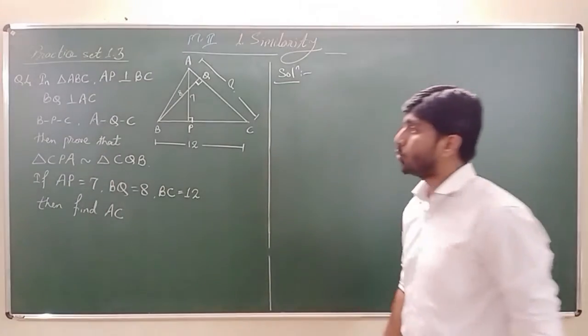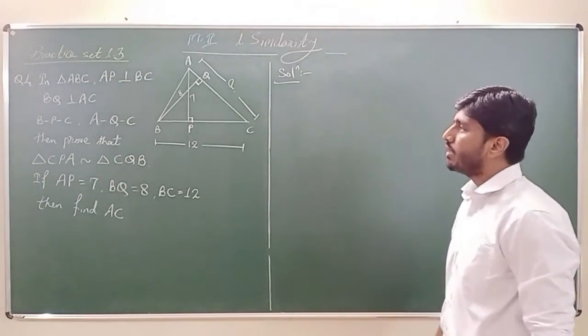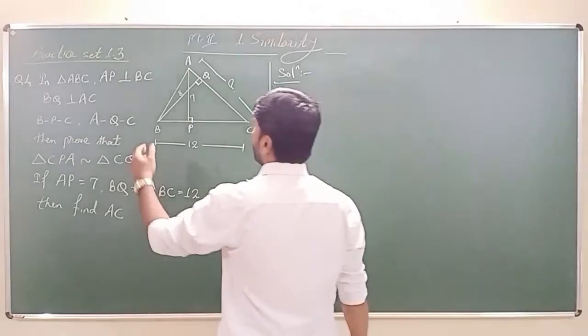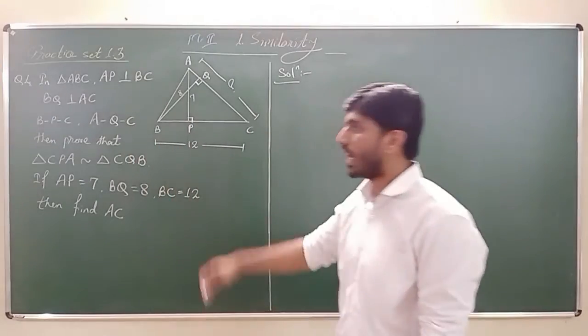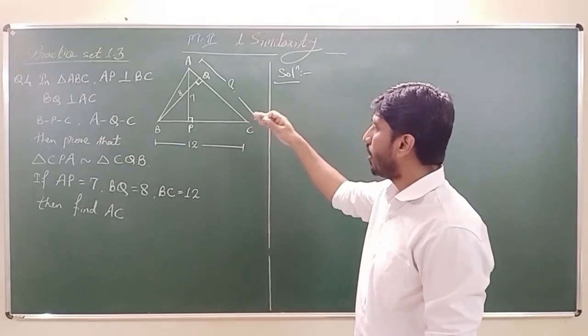So first we need to show that these both triangles are similar. Therefore, first we will check whether these triangles are similar or not.